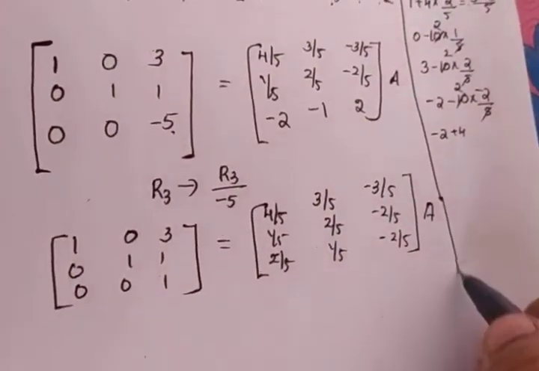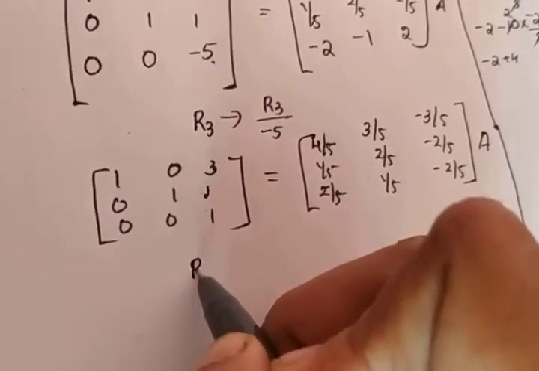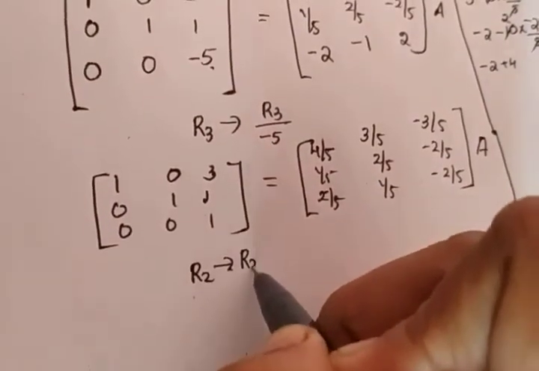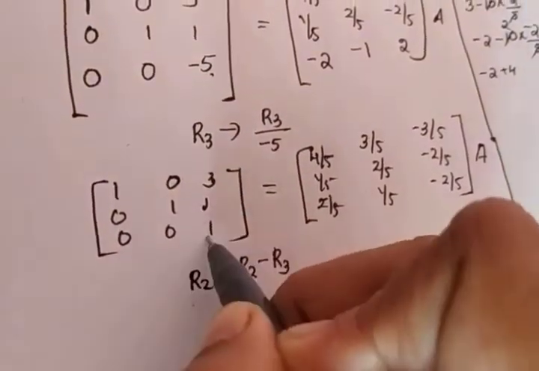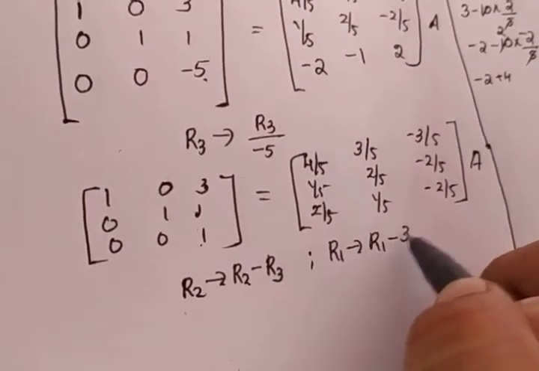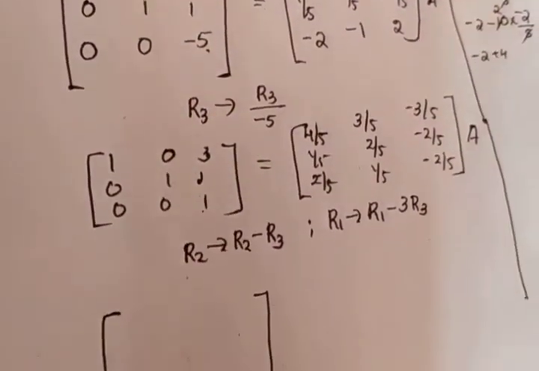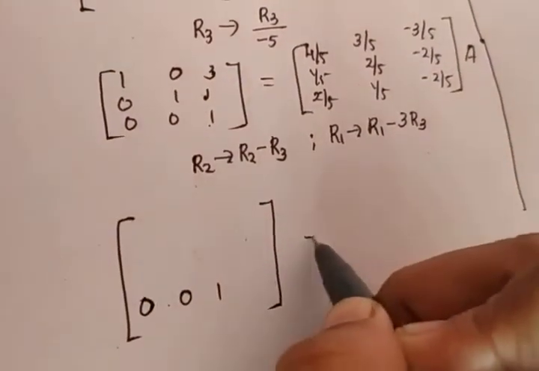Okay, again what we have to do, we have to make this 1 and 3 zeros. So R2 changes to R2 minus R3. Okay, and R1 changes to R1 minus 3R3. So which row remains the same? Third row, 0, 0, 1 remains the same.